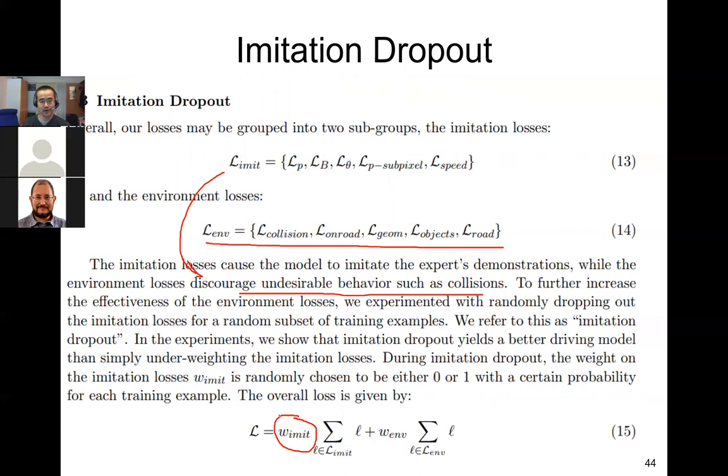The overall loss function, as I said, is just a minus the reward function. So the overall loss is a weighted sum of the imitation loss and the environmental loss. Sometimes you set the W imitation as 0, so you only care about the environmental loss.